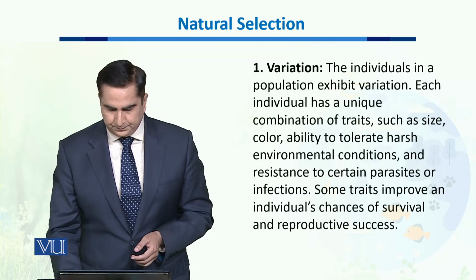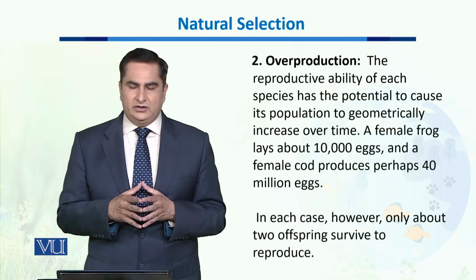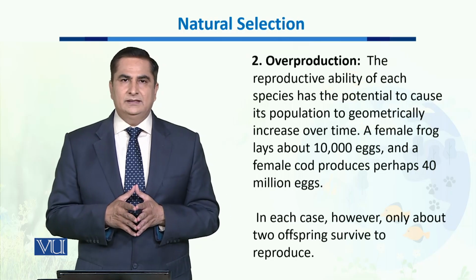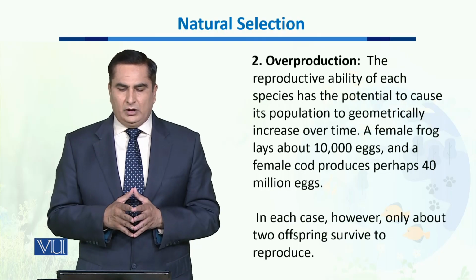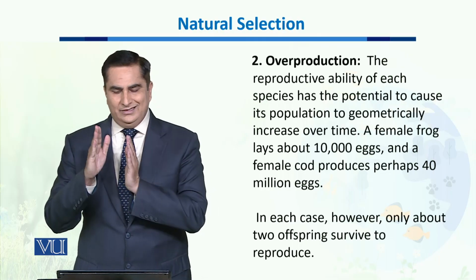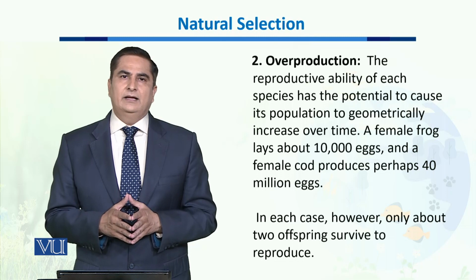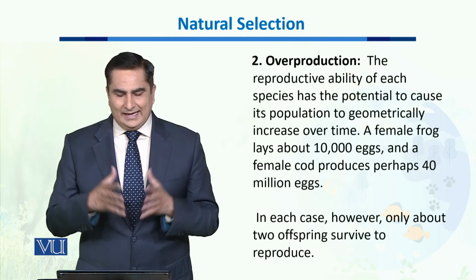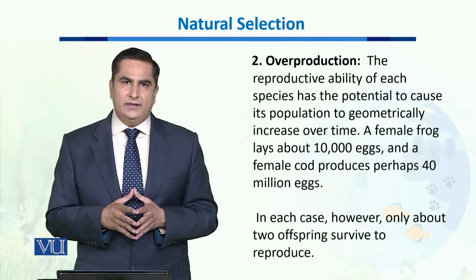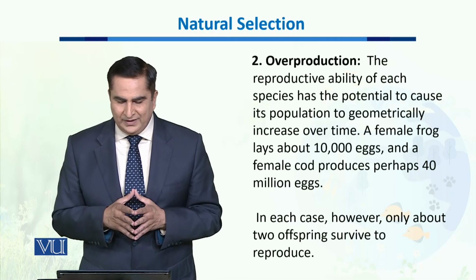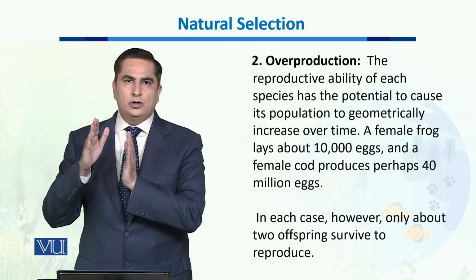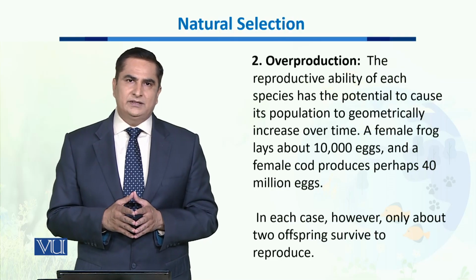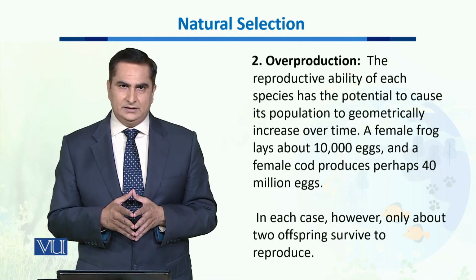Now, overproduction. The reproductive ability of each species has the potential to cause its population to increase geometrically over time. For example, a female frog can lay about 10,000 eggs at a time, and a female codfish can produce perhaps more than 40 million eggs.